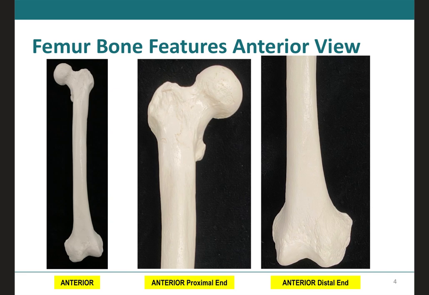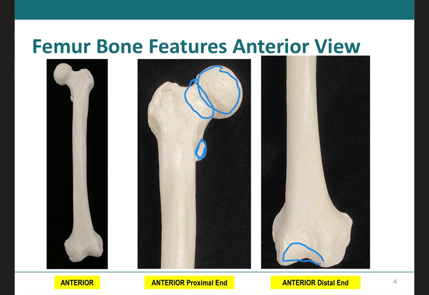This slide is just to show you in more detail the bone features of the femur in an anterior view. Again, this will be the head. Right below the head is the neck. We can see a little bit of the lesser trochanter right over here medially. And on the distal end, we can see the smooth part over here, which is the patellar surface, where the patella will articulate.